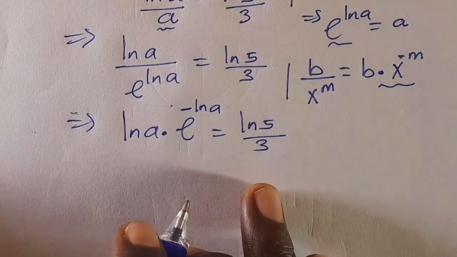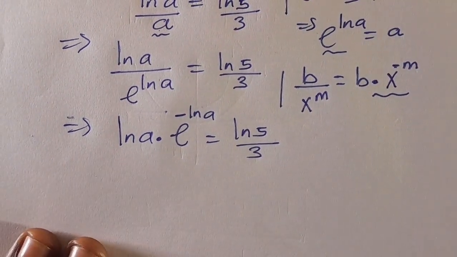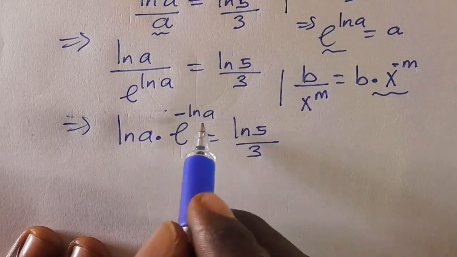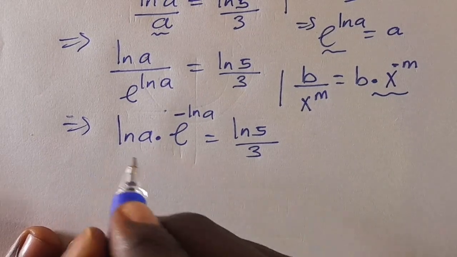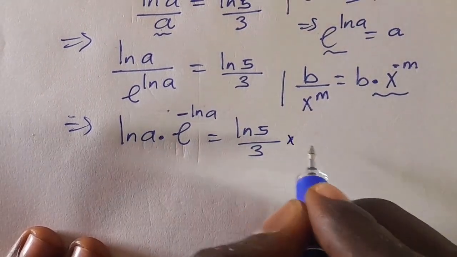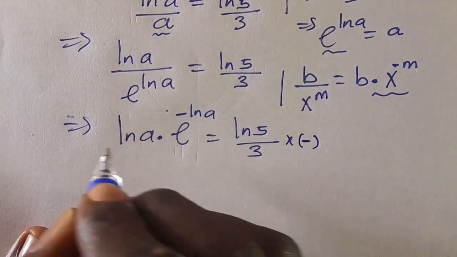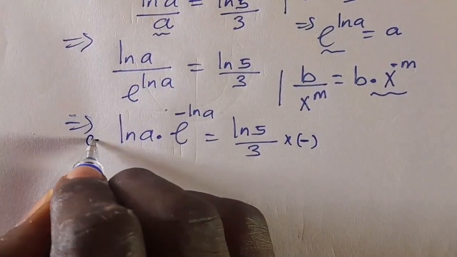So from here, we want to make sure that the base here is the same thing as the power here. But mind you, we have a negative here. By multiplying through by minus here, we multiply this one by minus as well.